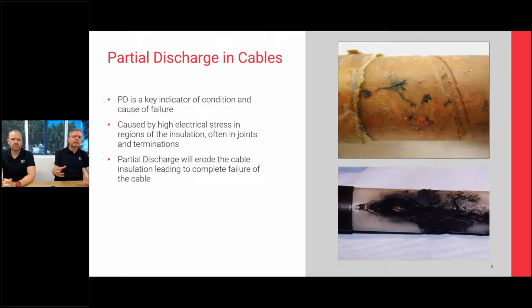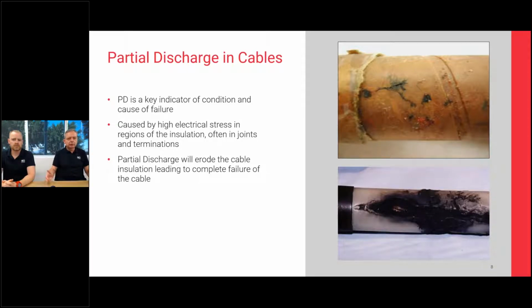So typically for XLPE cables, what we're really testing for when we're testing partial discharge is partial discharge inside the joints and the terminations, more so than trying to test inside the bulk of the cable. The failures will occur very quickly if they've gone to a PD failure inside the bulk of that cable, and so periodic testing may not give you the chance of finding that.